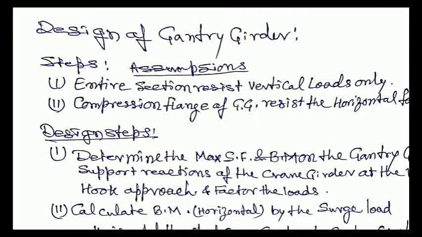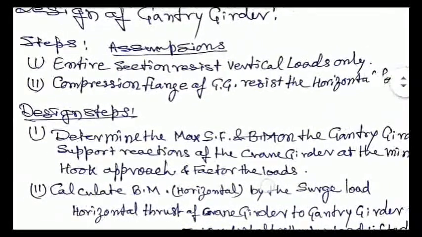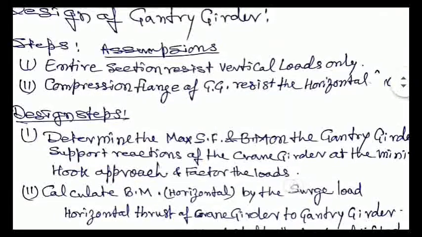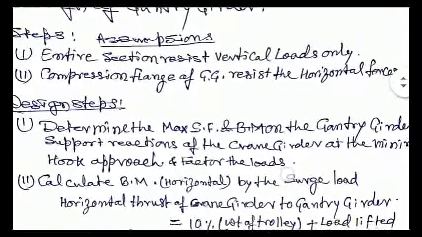So first of all, we will see the design steps taken for designing the gantry girder. Before starting the steps, we have to look at some assumptions which are made before designing the gantry girder.